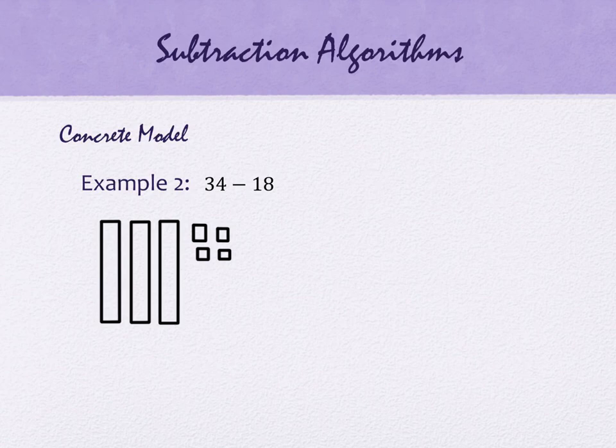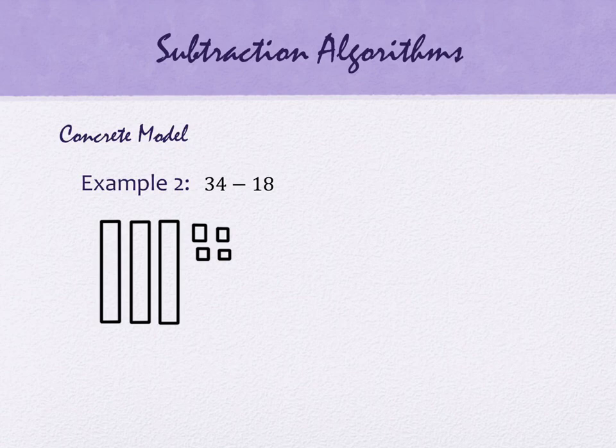We're going to remove something from this. In particular, we're going to remove 18. 18 is 1 long and 8 units. Now I can remove one long from this, no problem. But I don't actually have 8 units visible right now to do that. What would I have to do to be able to remove 8 units? I need to break apart one of my longs.